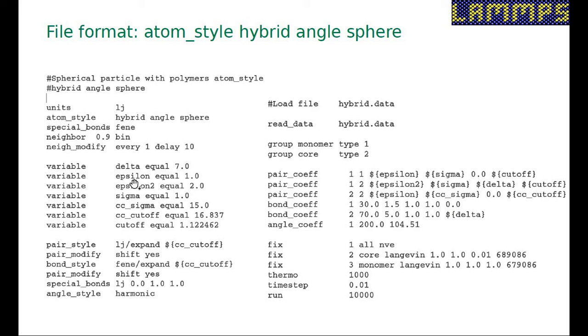And then we need to specify the energy interactions and the cutoff of the potentials, and this variable delta is for the extended version of the Lennard-Jones potentials and the finite potentials. This is necessary because the particles have different diameters.